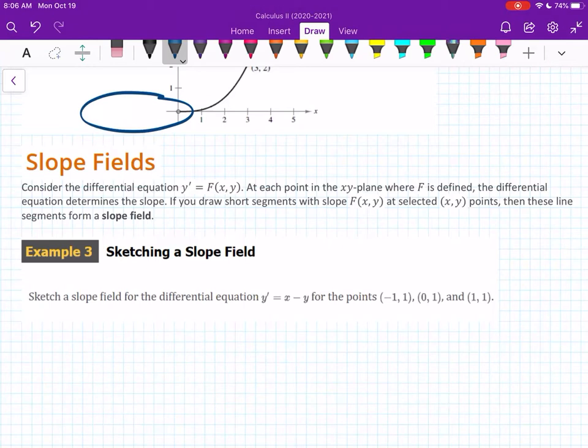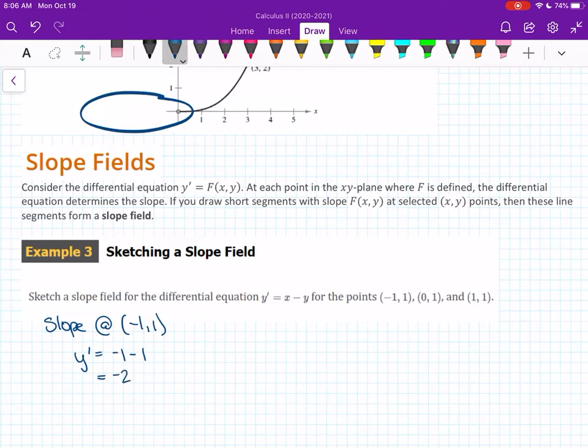So sketch a slope field of the differential equation y prime equals x minus y for the points -1, 0, and 1. All right, so first thing I'm going to do is find the slope at -1, 1. So y prime equals -1 minus 1, which is going to be 0. Wait, did I do that wrong?